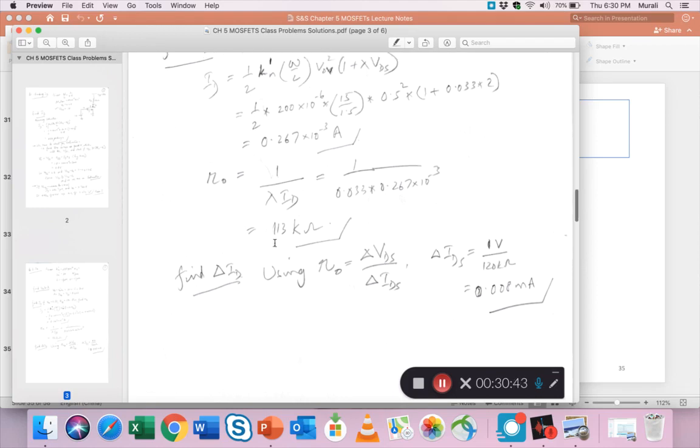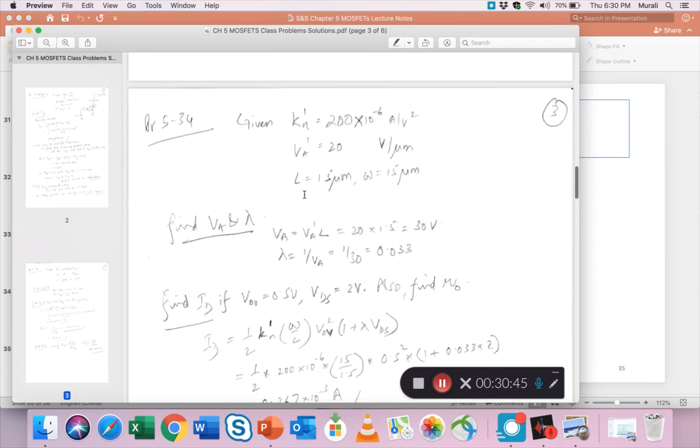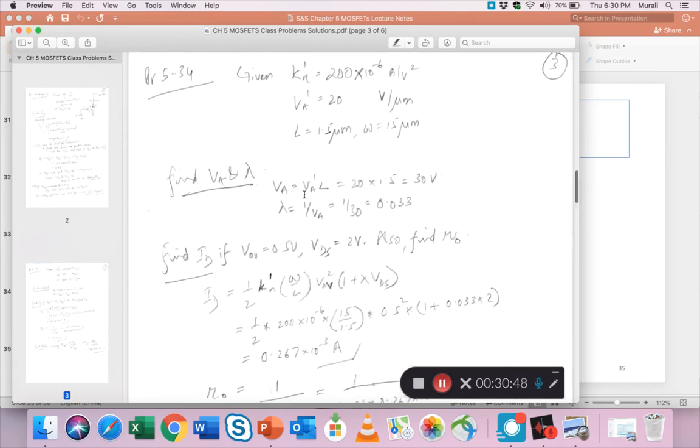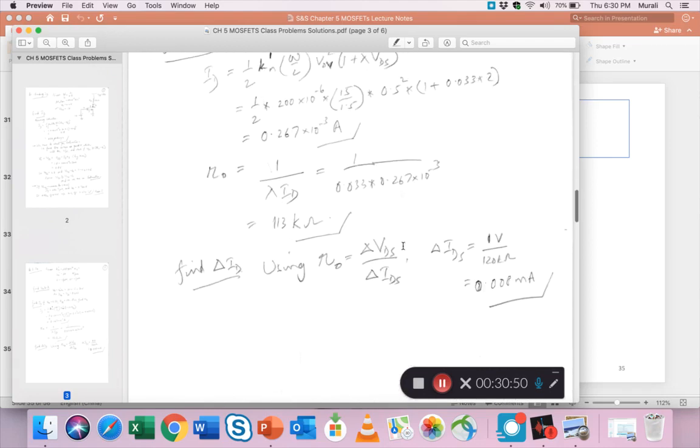All right. Now the last part that was asked is, if VDS changes by 1 volt, what is the impact on the current IDS? You can do it both ways. You can use this formula, calculate IDS again, and then take the ratio. Luckily, since we found RO, you can use the simpler formula, which says RO is also the change in voltage by change in current, sort of like Ohm's law.